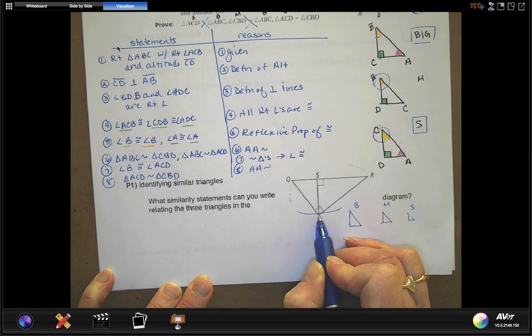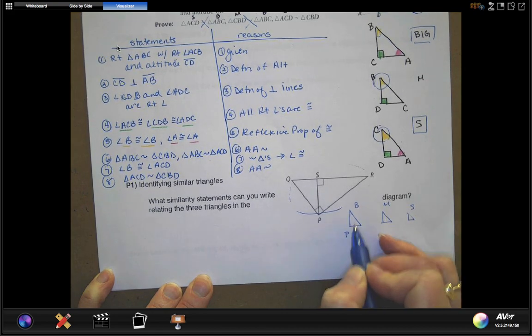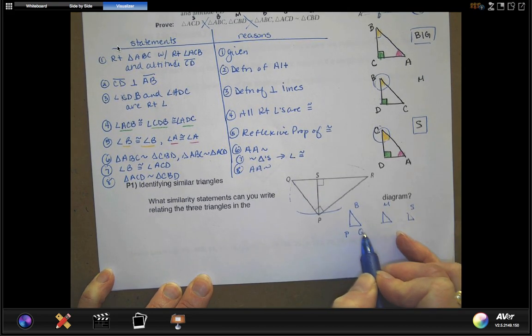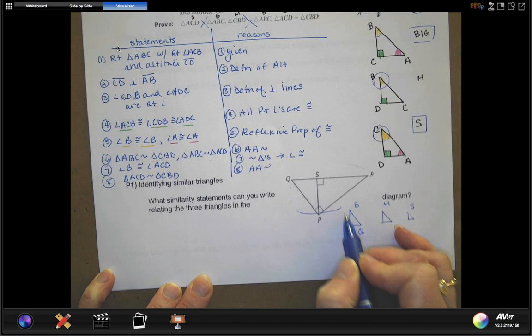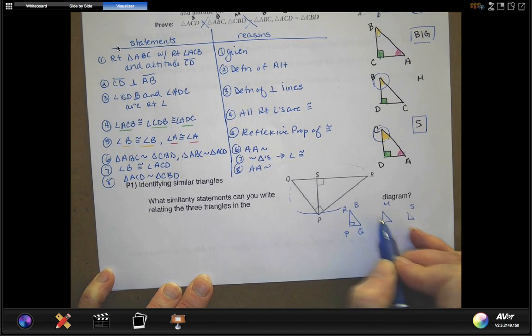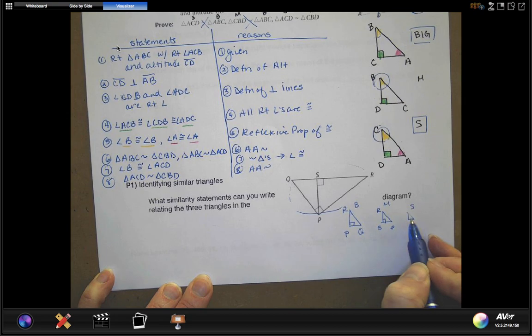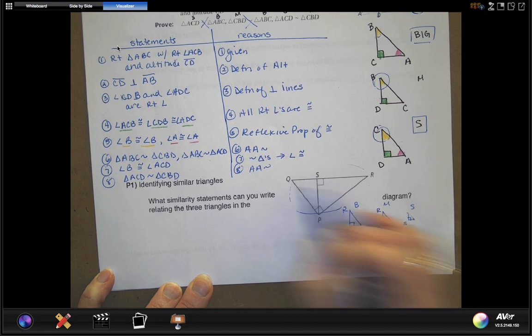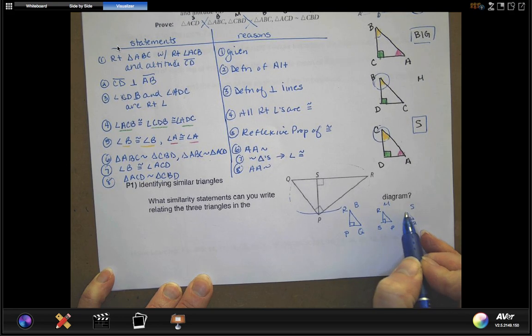So like the big one, P, the short leg is PQ, PR is the long leg, and the medium triangle, S is at the right angle, SP is the short, SR is the long leg, and the small triangle, S again is the right angle, SQ is the short, SP is the long leg.